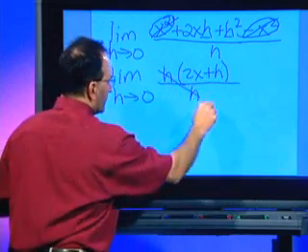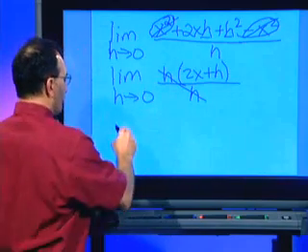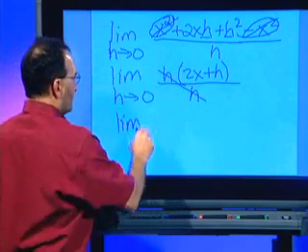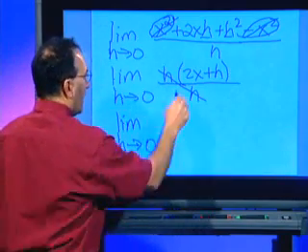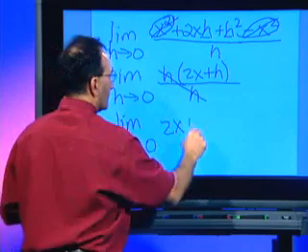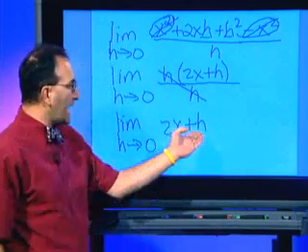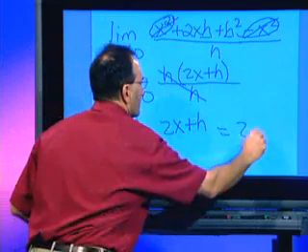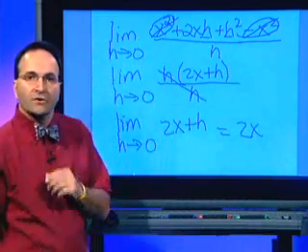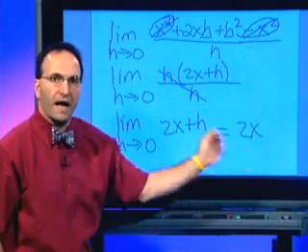These h's cancel to 1, and we have the limit as h goes to 0 of just 2x plus h. And now, of course, if h is going to 0, we are just left with 2x. So this is the derivative of x squared, 2x.